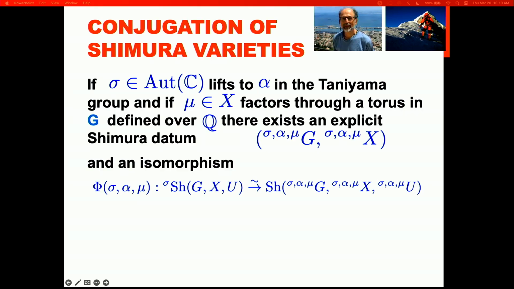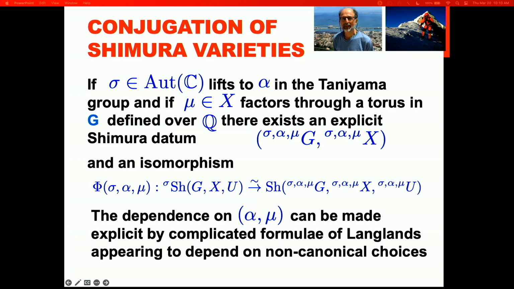And for that matter, he identified the finite adelic points of this new G with the finite adelic points of the old G, and so given an open compact subgroup U, we can get a new one for the new group. And he conjectured that there was an isomorphism between the conjugate of the old Shimura variety and this new Shimura variety.